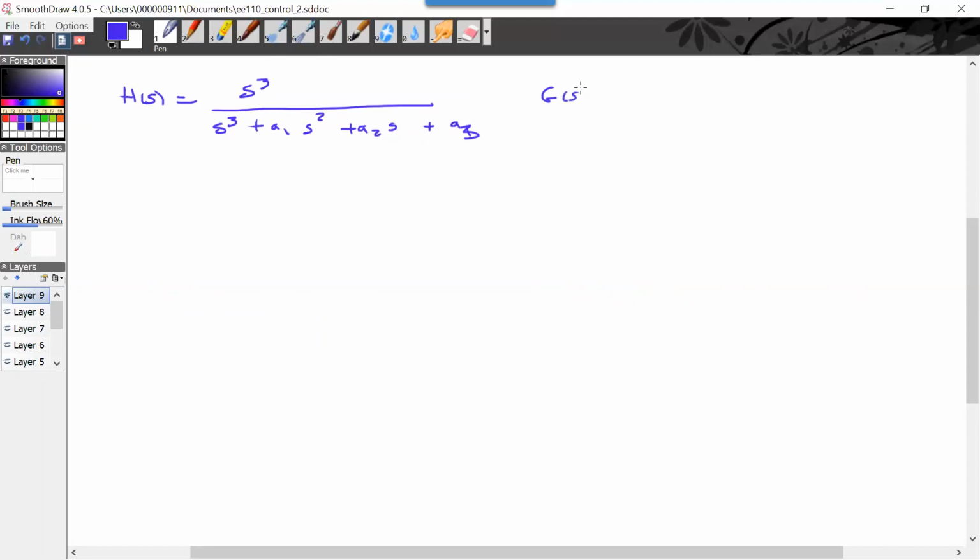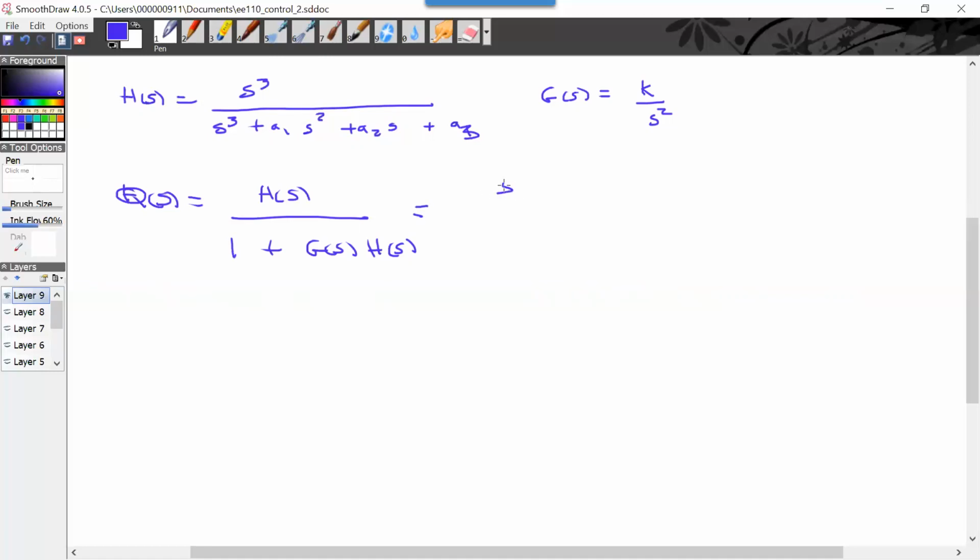G of s, you could say I'm pretty sure this is going to work, or I'm proposing this is going to work. All right. So I have Q of s equals our original 1 plus our feedback transfer function and our original transfer function. All right. So h of s.